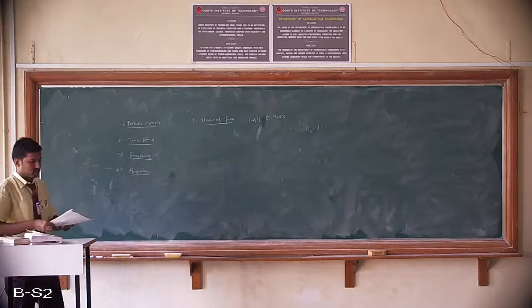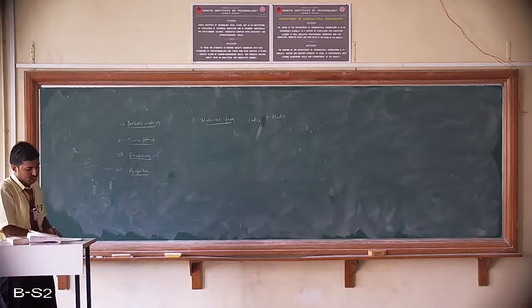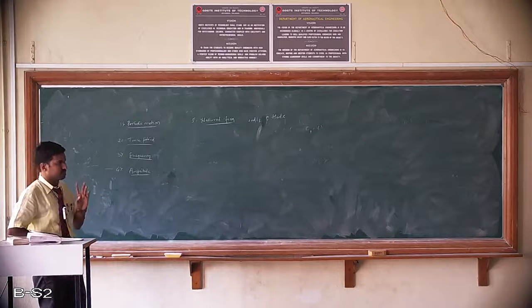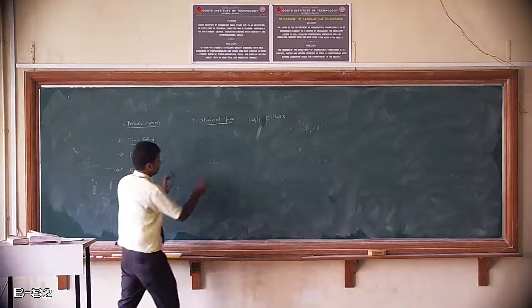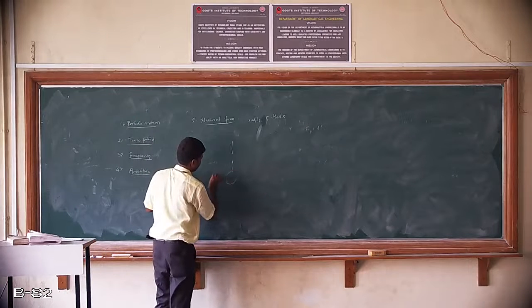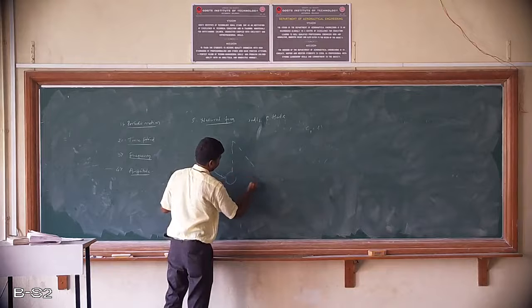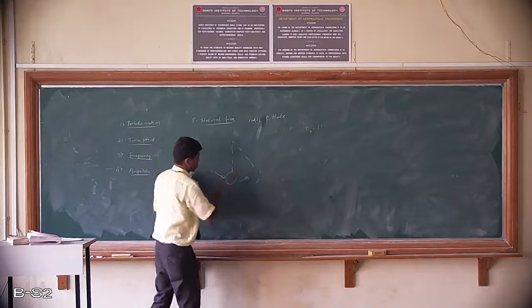So once again, to understand natural frequency, it is necessary to understand what free vibrations are. When no external force acts on the system after giving it an initial displacement, the body starts to vibrate. Say for example, a simple pendulum. Initially I am going to give it an excitement, and after giving it excitement, it comes to this position.